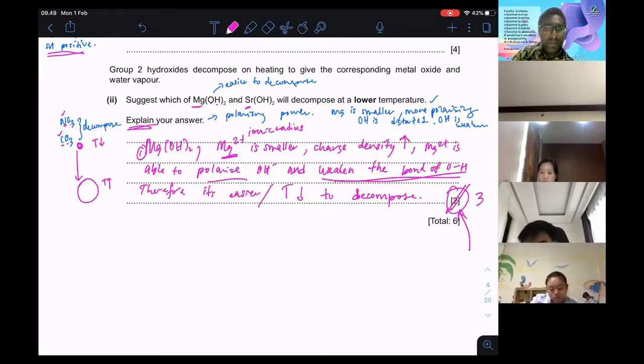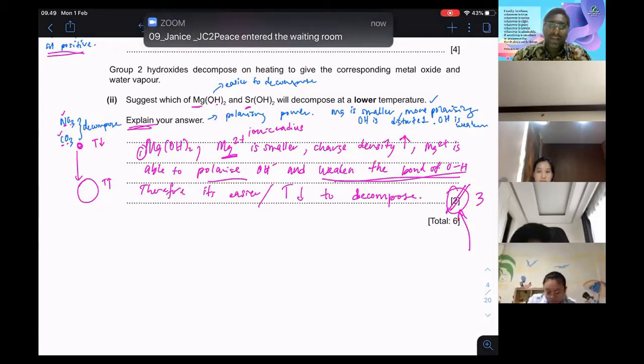Everything depends on the marks given. If they give you 4 marks, yes, please explain about the number of shells. But I think in paper 4, they are not going to focus on the number of shells. But in AS, yes, you need to talk about shells, why the ionic radius is getting smaller and so on. It depends on the level also.